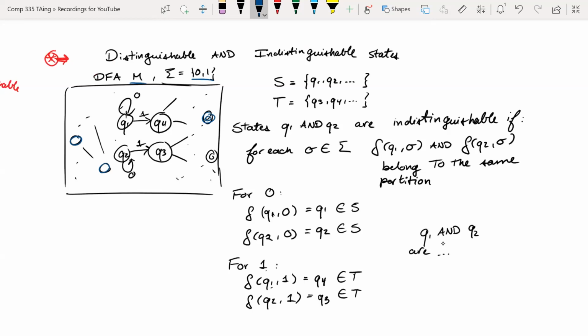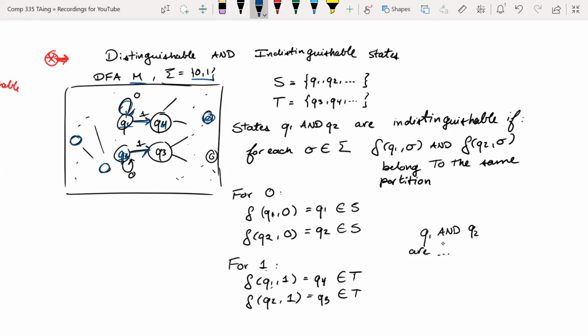In particular, I'm interested in two states, Q1 and Q2. For the purposes of this example, I've made Q1, when it sees a 0, go back to itself, and when it sees a 1, go to Q4. Q4 is another state in your DFA M. And again, for the purposes of this example, I have another state Q2, which when it sees a 0 also goes back to itself, and when it sees a 1 goes to Q3.